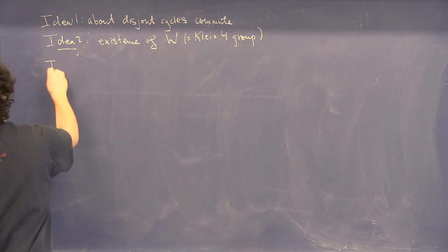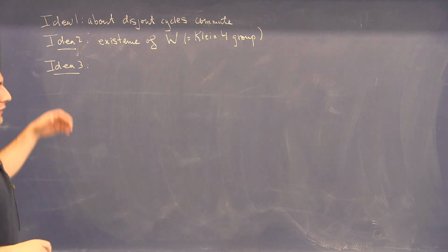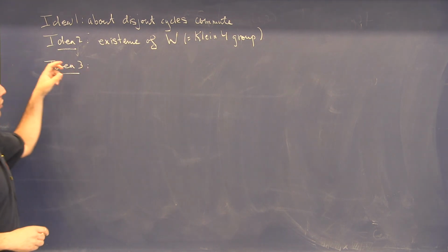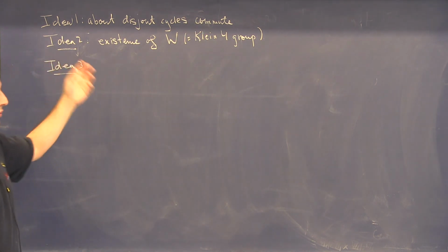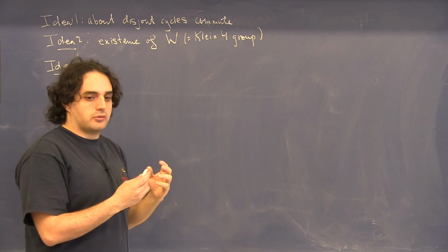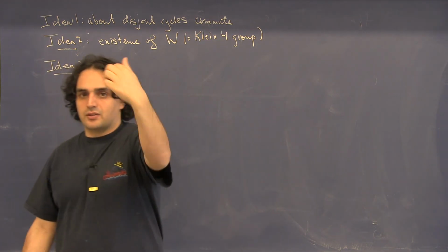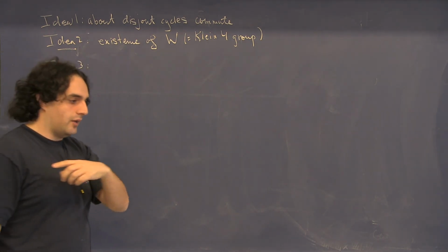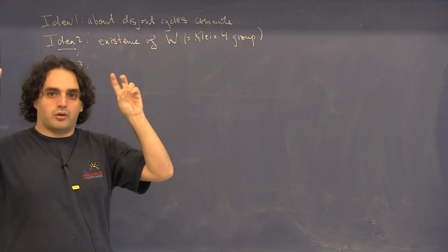Okay, now we need a third idea to make it home, and this is a general idea that is useful. It's kind of going back to idea 0, which was to take the subgroup generated by the element. If our element is the square of some other element, then our element is in the subgroup generated by that square root.